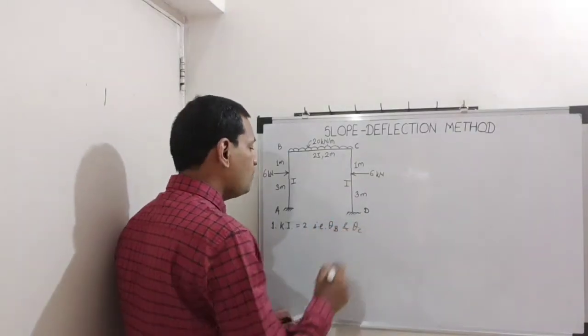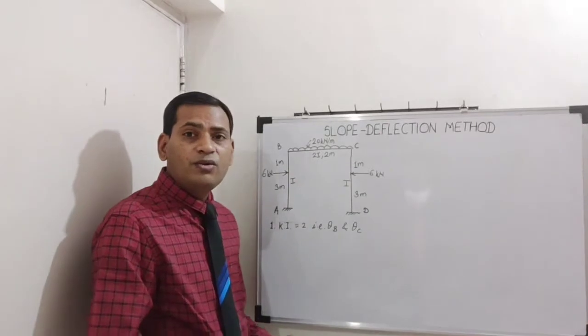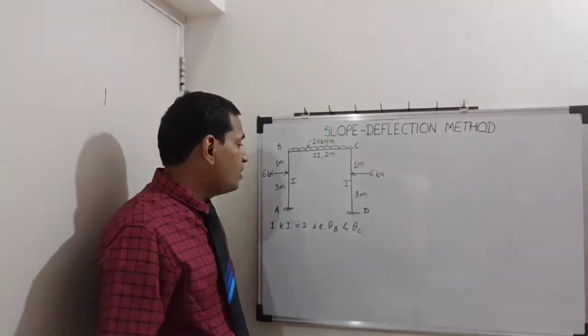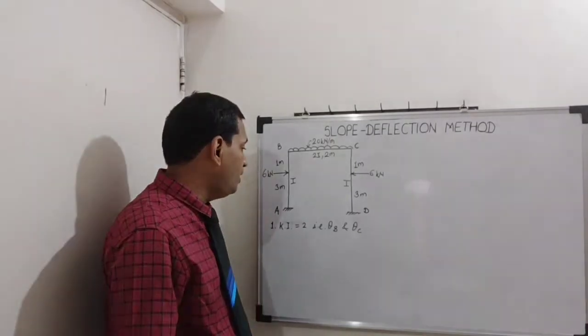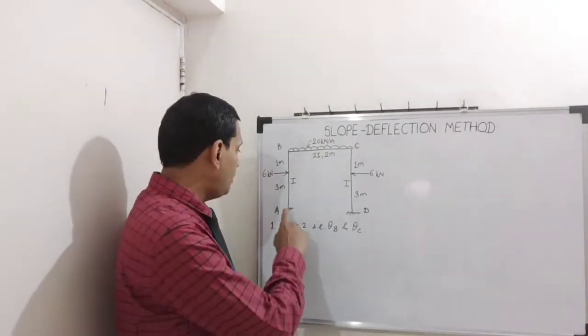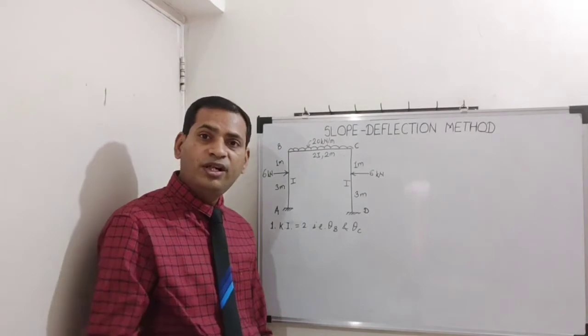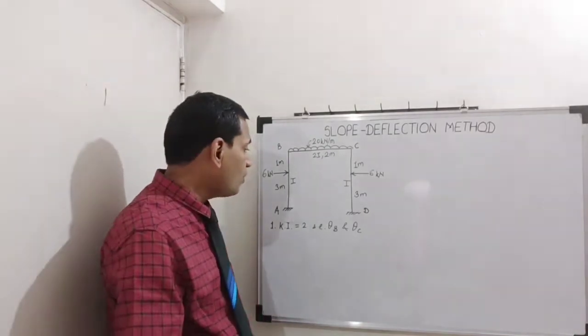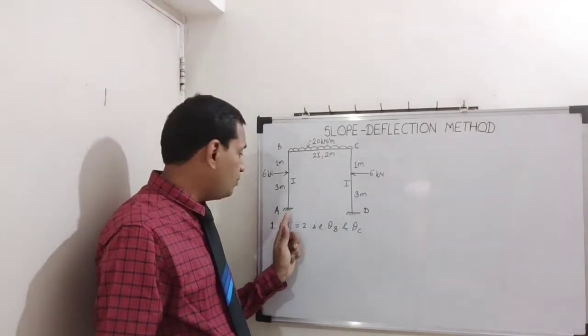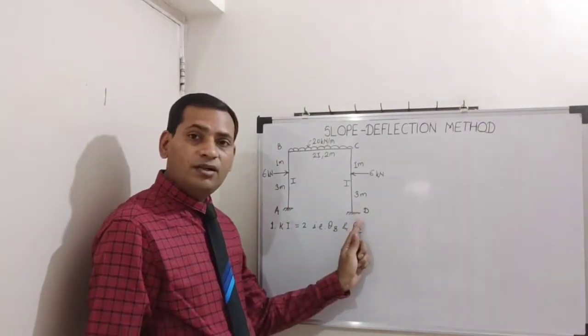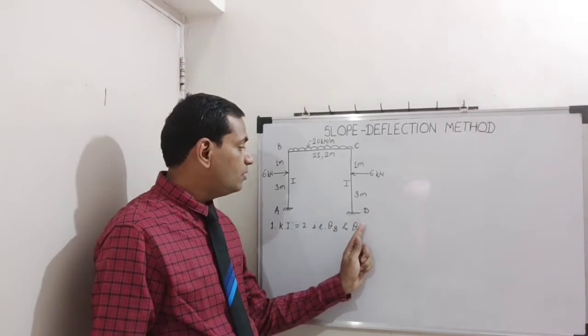Now how are these two there? We know the degree of freedom per joint for a beam or a frame is 3. How many joints are there? A, B, C, D, 4 joints. So 3 into 4 is 12. From 12 you subtract these 3 degrees of freedom because it is fixed. One more fixed end, so 3 more.